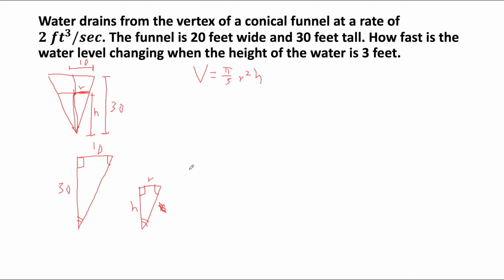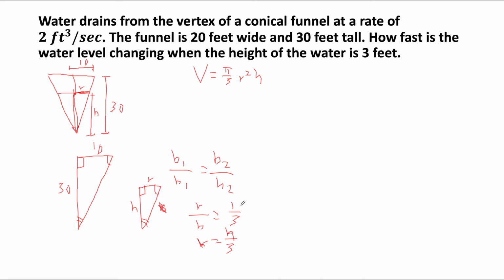So what do we do from here? Well, once more, we can relate the base 1 over height 1 equals base 2 over height 2. So we'll take a look at this, and we know that r over h equals 10 over 30, which is 1 over 3, and therefore r equals h over 3.